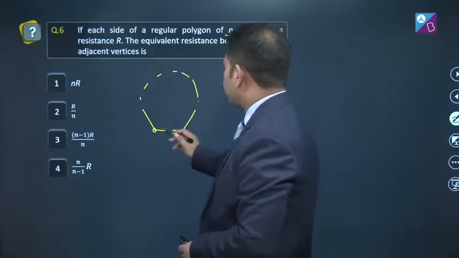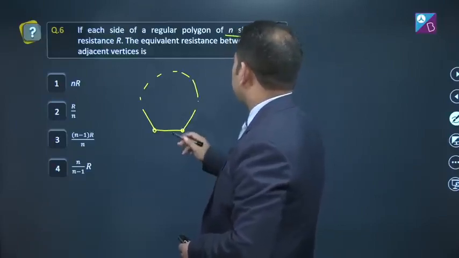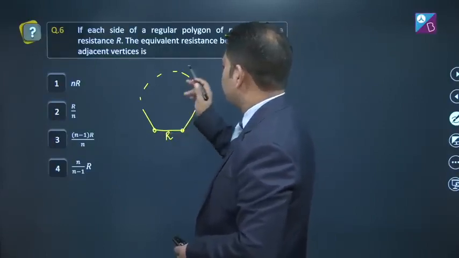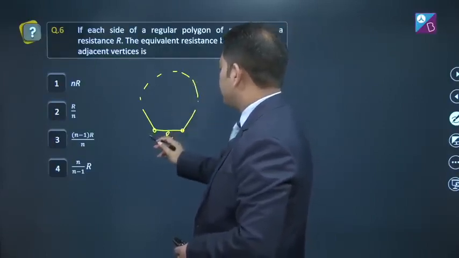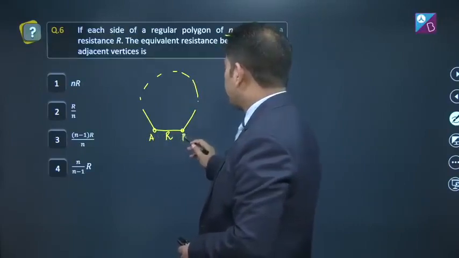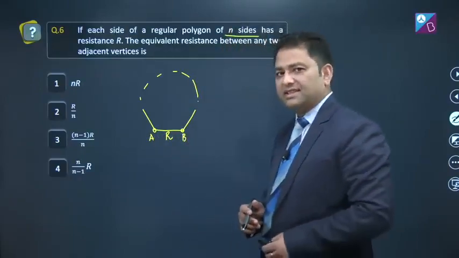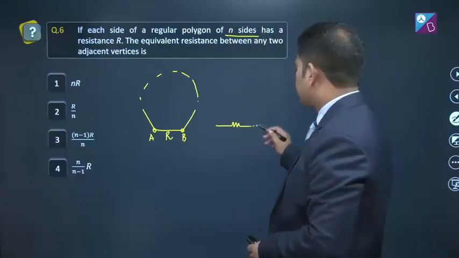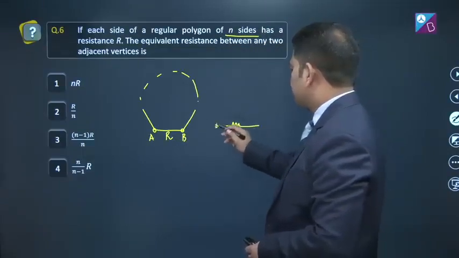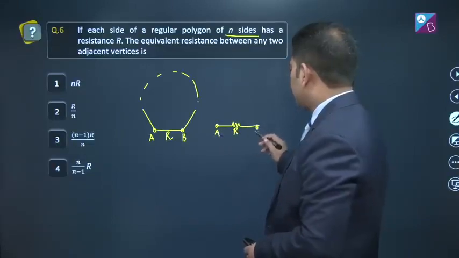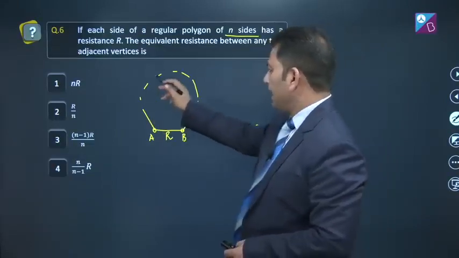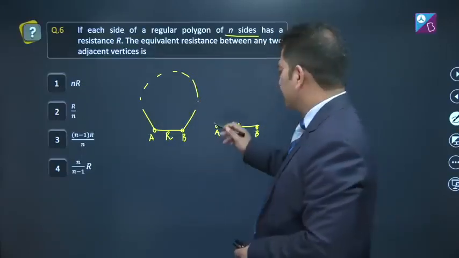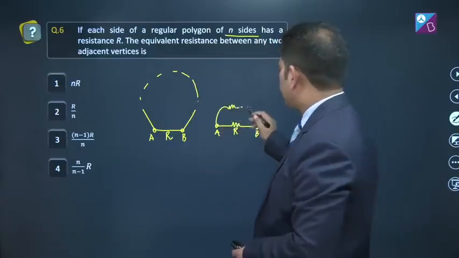Now एक segment, of course, this has resistance R और हमें equivalent resistance निकालना है between adjacent vertices. मान लेते A और B के बीच में I got to calculate the resistance. Well, A और B के बीच में there is a resistance that is R. So this is A, this is B. और ये जो remaining n-1 sides है, they are in series. So net resistance कितना बनेगा?